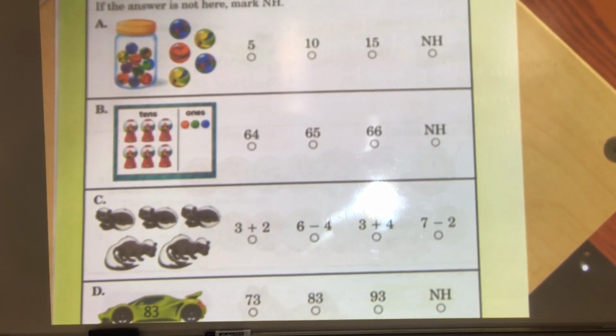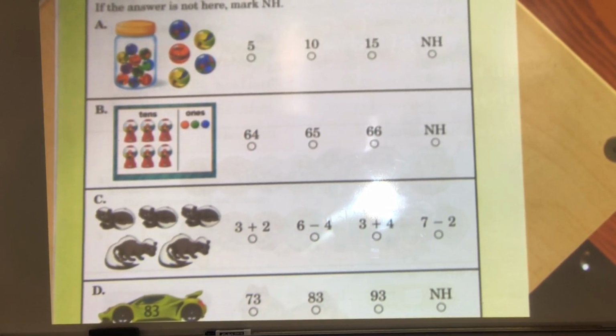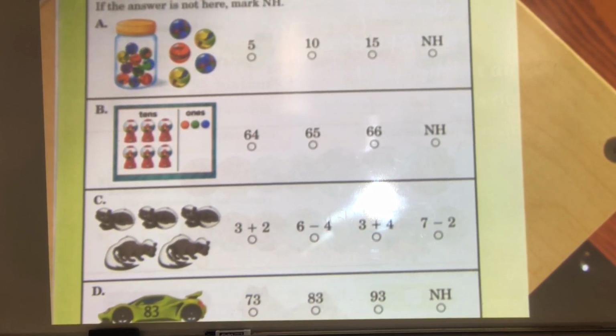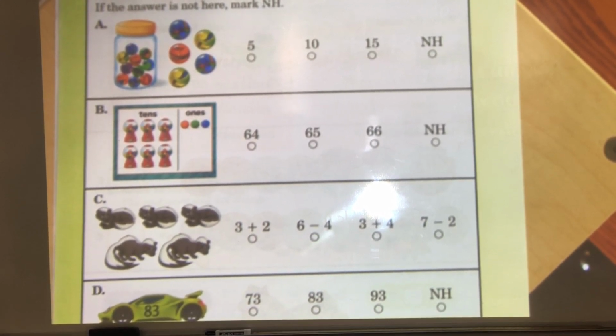Look at row B. Mark under the number that is pictured on the card. If you cannot find your answer, mark under the space an NH, not here. Look at row C. Mark under the combination that goes with the picture.